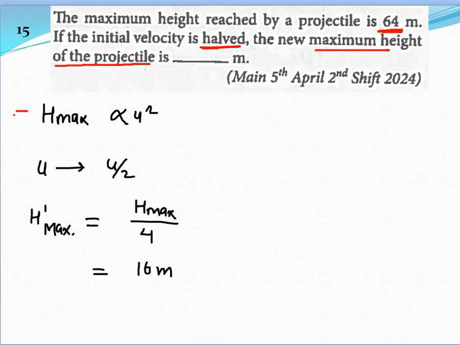So we know H max is u square sine square theta by 2g. It means H max is proportional to u square. Rest of the parameters are the same, and they are just asking us to make the velocity of projection half, u by 2. So the new height covered by the projectile is H max by 4, 16 meter is the answer.